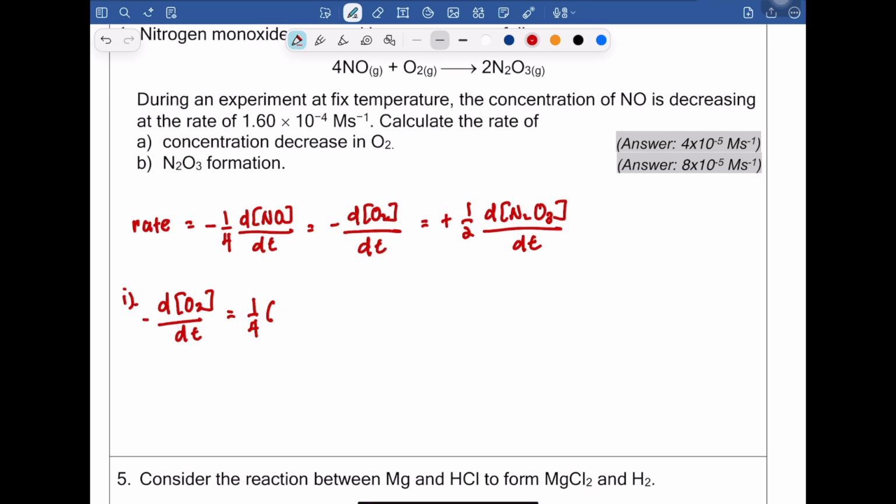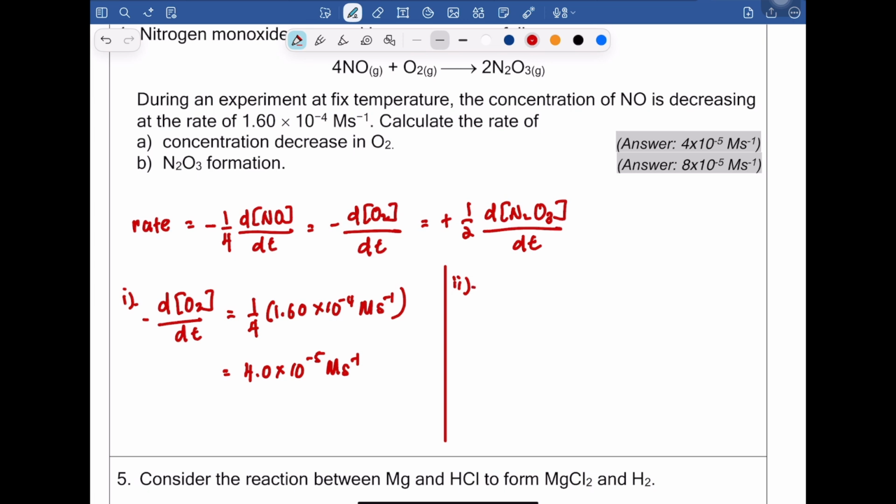And you just directly substitute with NO, which is 1.6 exponent negative 4 M s negative 1. And you're going to get 4 exponent negative 5 mole per second. Okay, so that is number 1.